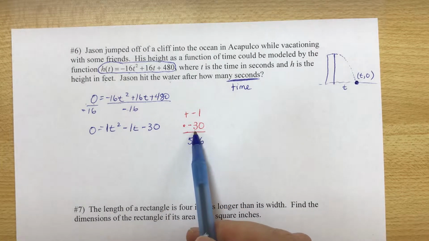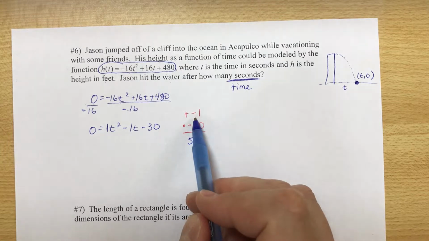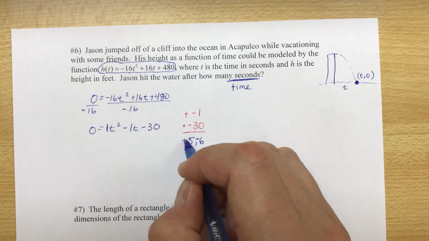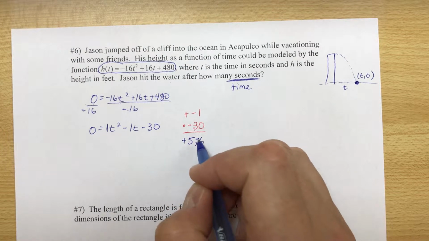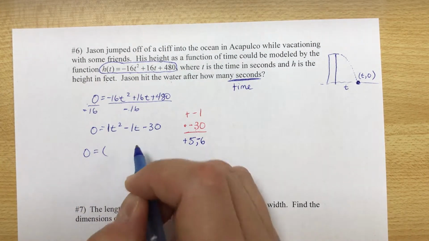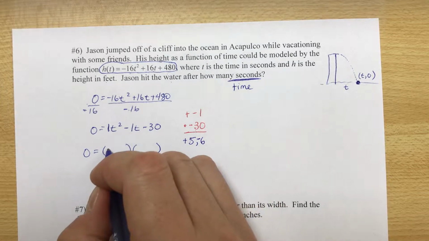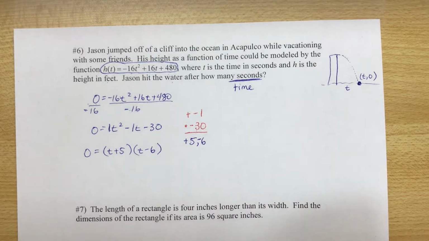Now, to multiply to a negative, one of these has to be negative. And because we have to add up to negative 1, let's make the 6 negative, because 5 plus negative 6 is negative 1, and 5 times negative 6 is negative 30. So we can go to our parentheses, because it's a 1t squared: t plus 5 times t minus 6.